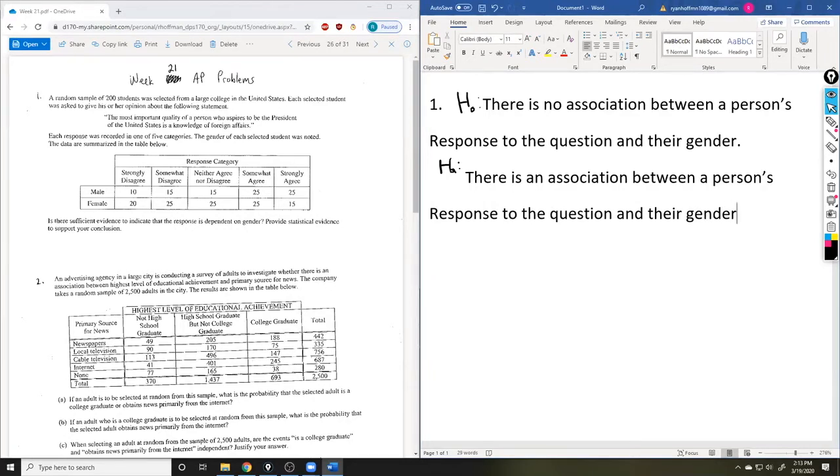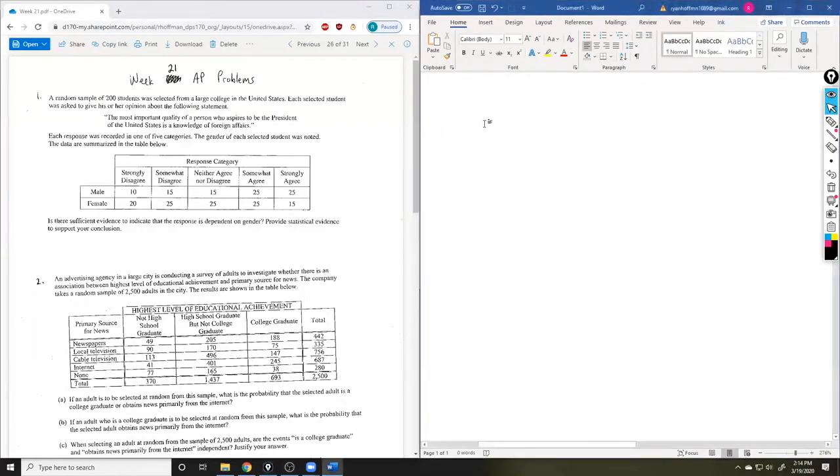And then we would write that we are using an alpha level of 0.05. Step 2, everyone's favorite part.